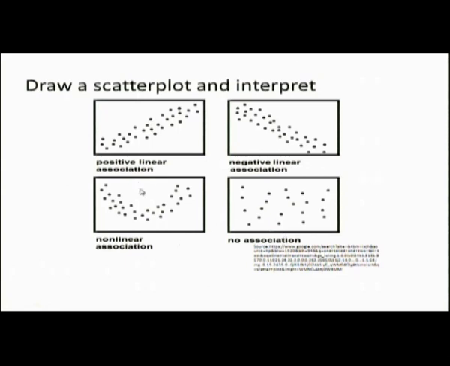In this particular case, we find that there seems to be a pattern. If you divide the graph into 2 parts, you find that in this part there is a kind of linear and negative relationship. This part looks very much similar to this diagram, and this part of this diagram looks very similar to this. What it means is that there is a non-linear relationship between x and y, a U-shape curve.